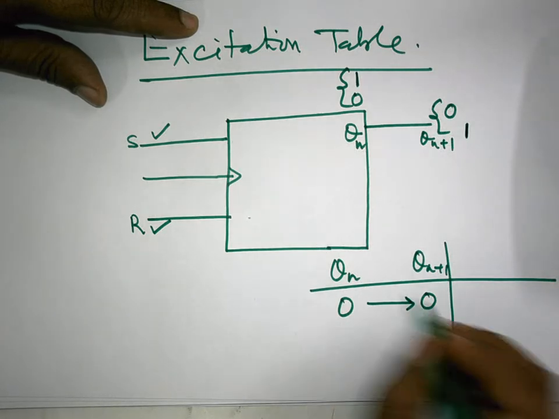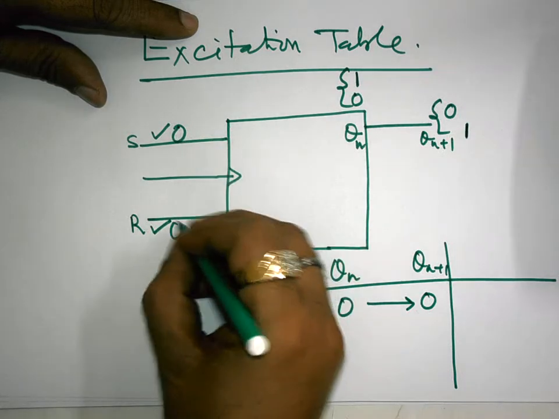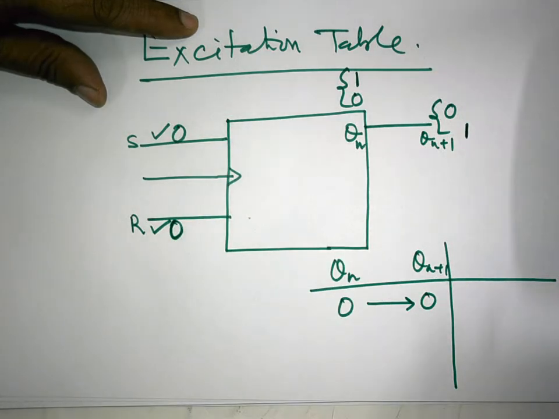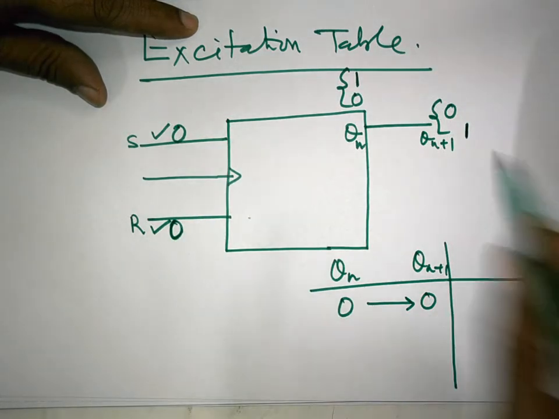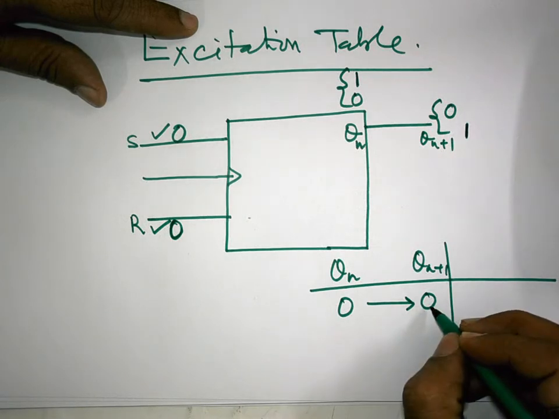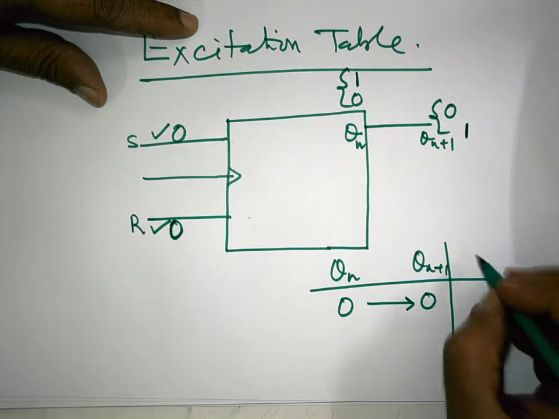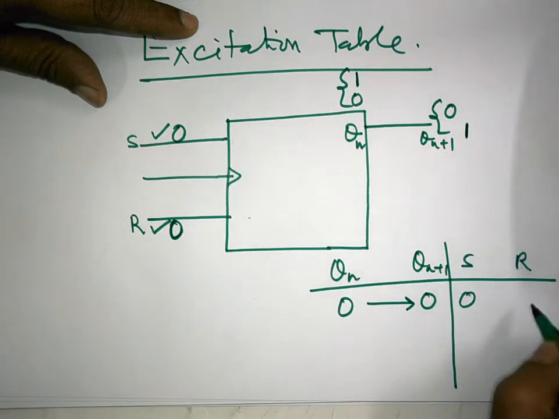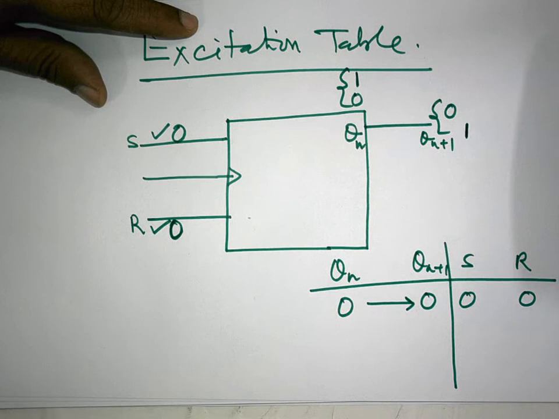You tell me. 0 0 is not going to show any change at the output, and since this output is 0 and we are willing to make it 0 in the next state also, so naturally SR 0 0 is going to fulfill this output transition. Okay. Am I correct or not?